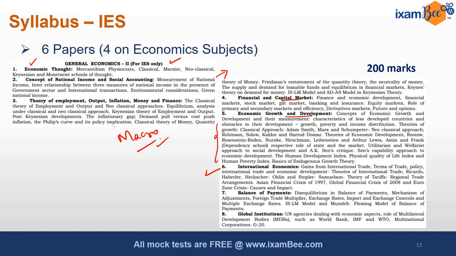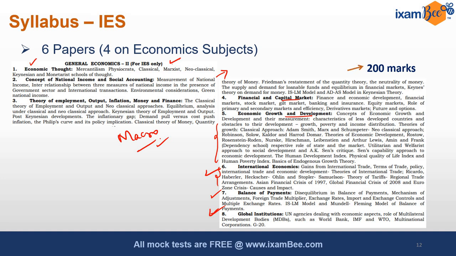Then international economics, yes. So at times in section 2 of your RBI DEPR examination, there are questions on international economics also. Balance of payments is also there. Then the last topic is the global institutions like the World Bank, G20, IMF, WTO, all these things, right?